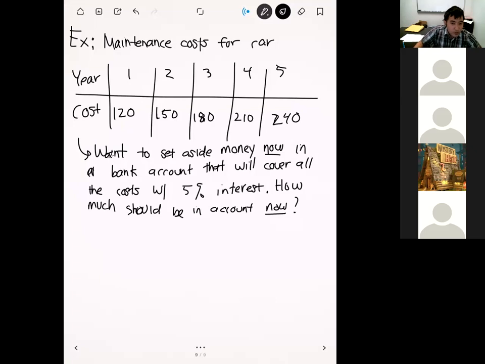Since we're solving for an amount of money that we're putting aside now, we're solving for P. Basically, we're going to take that schedule and convert it all into a P. Any questions on the setup for the problem?